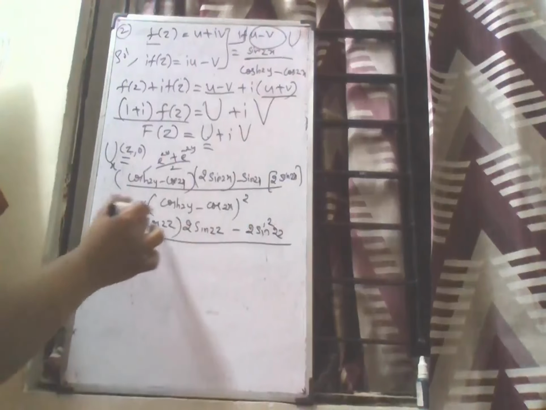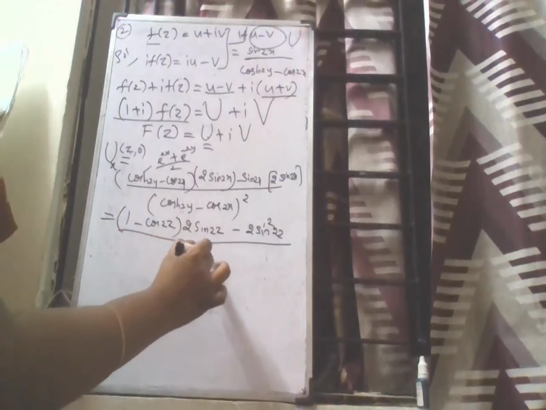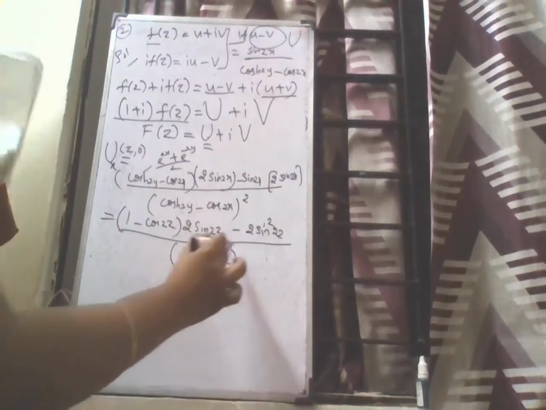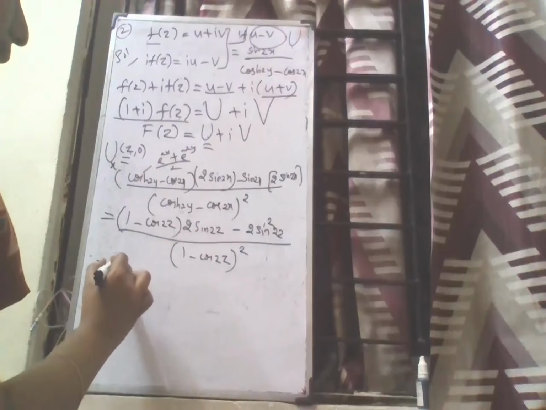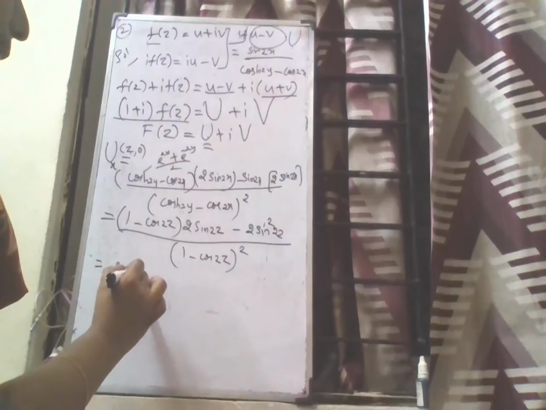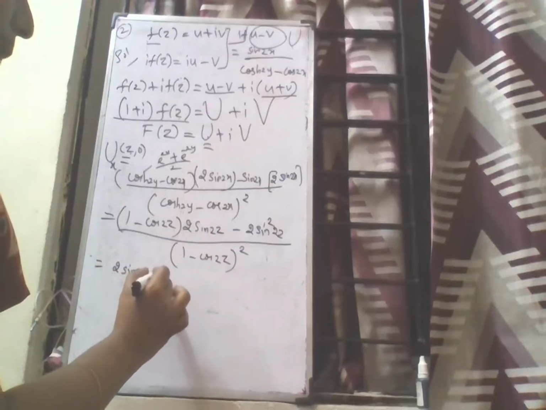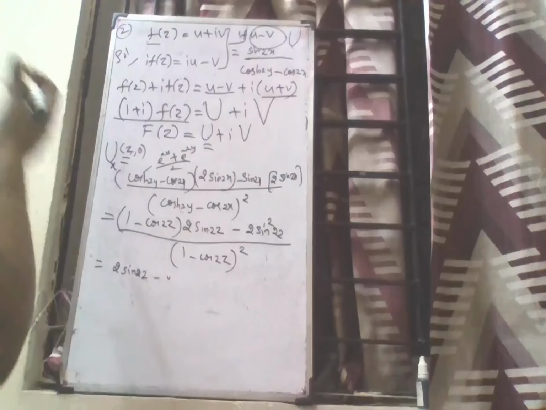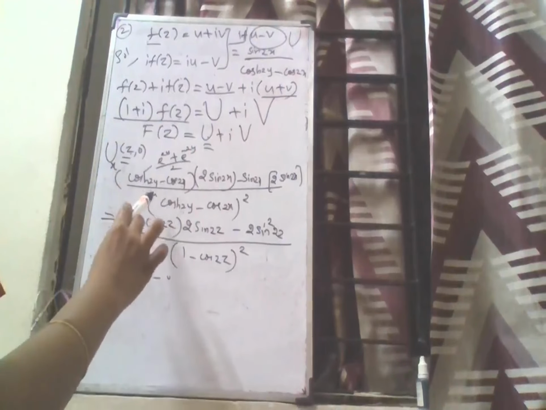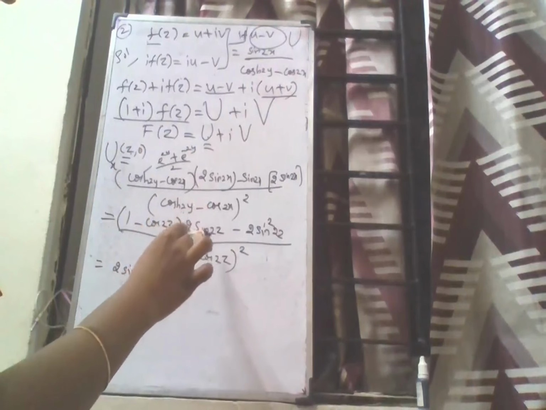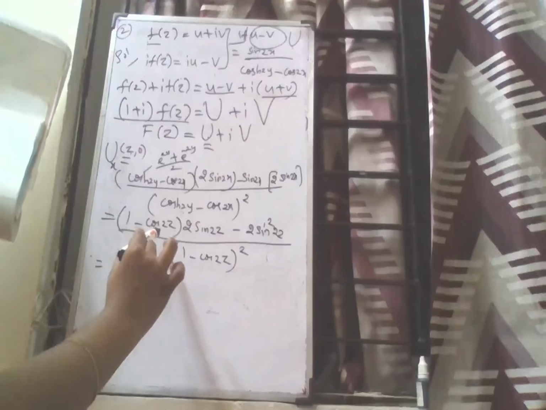So whole divided by, here also I'll get 1, right? 1 minus cos 2z the whole square. So which is equal to, what will I get here? 2 sin 2z minus, is it correct? So cos h2y minus cos 2x, 2 sin 2z is here, 1 minus cos 2z is here.